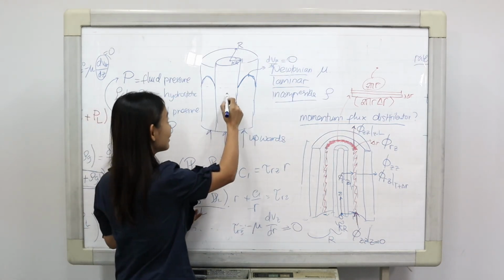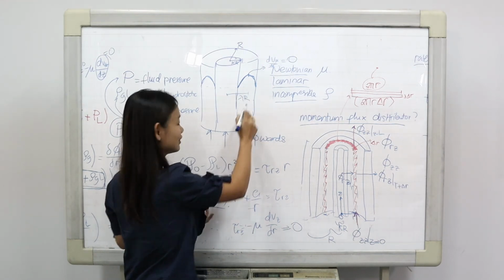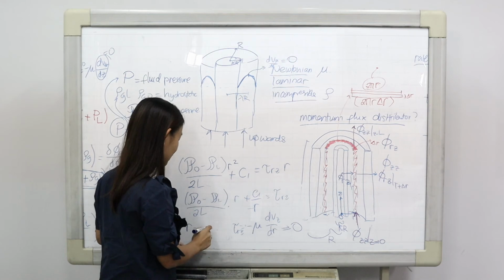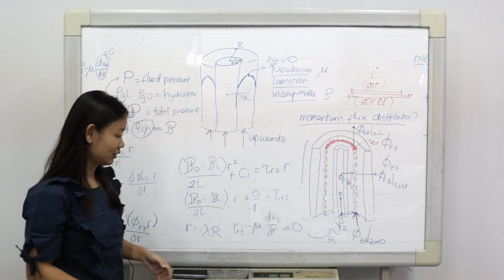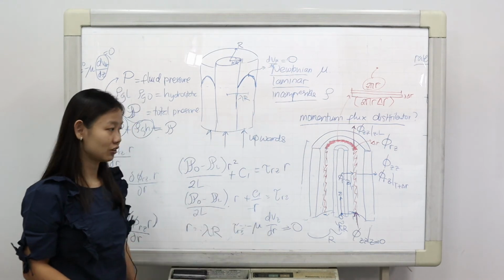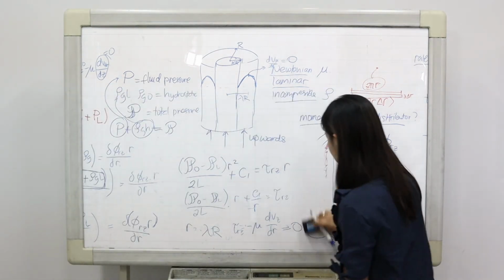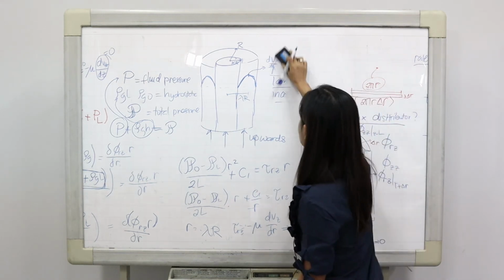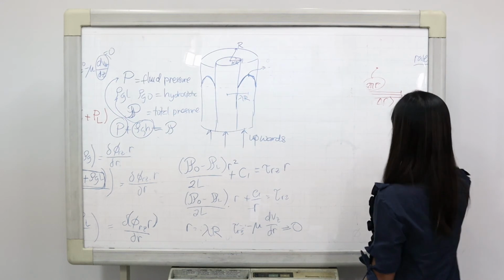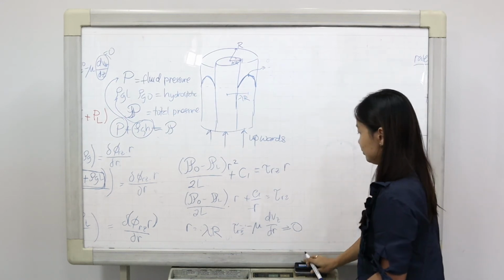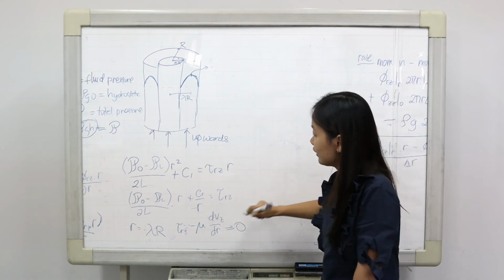You just say this is lambda R. So at r equal to lambda R, the tau rz equals 0. So put everything here.